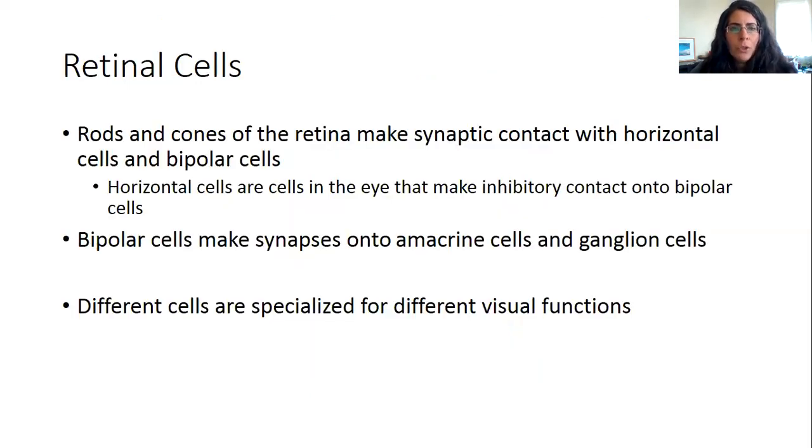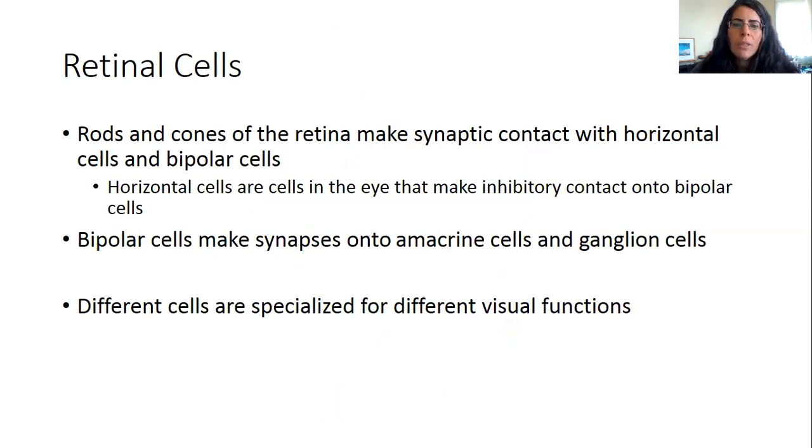So these two slides are just written out what I was just saying when we were looking at that figure. Again, rods and cones make synaptic contact with horizontal and bipolar cells.